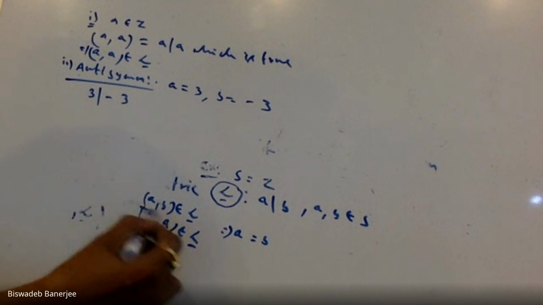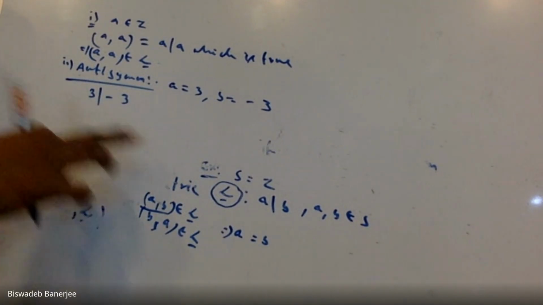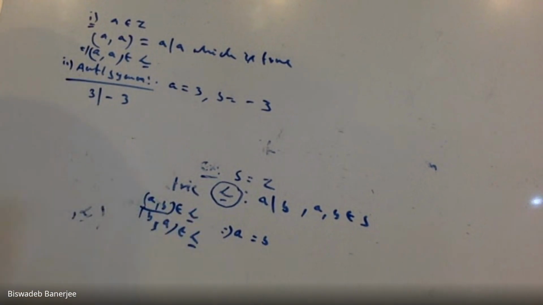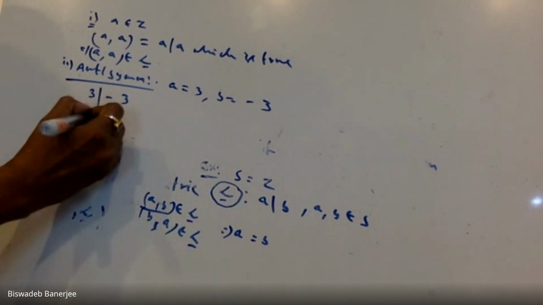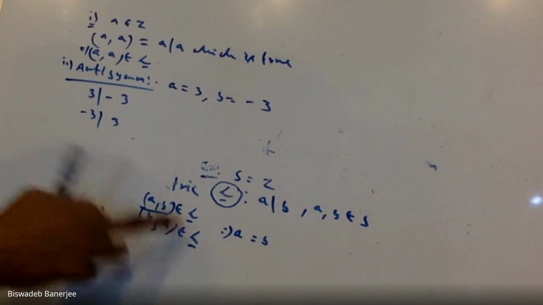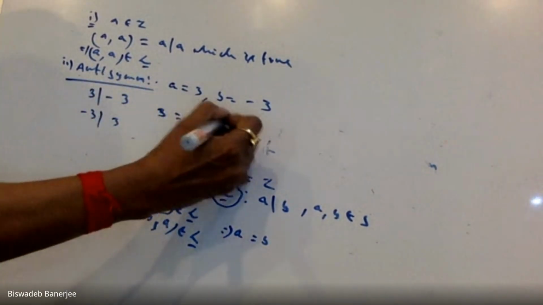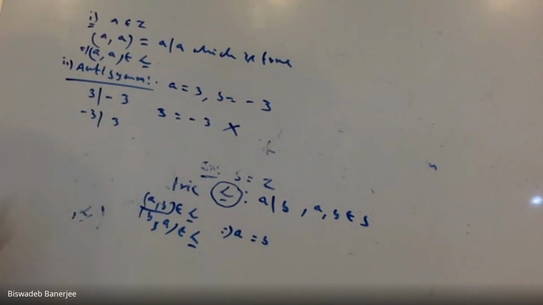At first, we are taking A comma B. Obviously, 3 divides minus 3, that means A comma B belongs to this. Also, minus 3 divides 3, that means B comma A also belongs to this. But can we say 3 equal to minus 3? Clearly no. That means it is not a partial order relation.